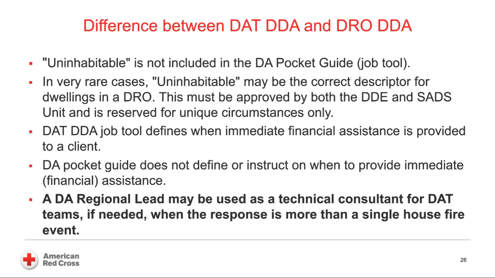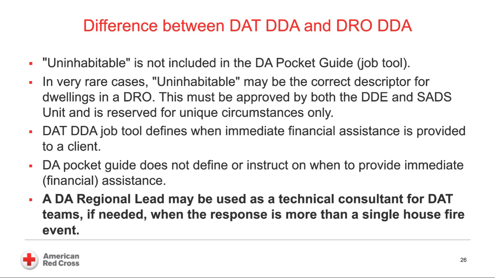The last one I'll be talking about is the difference between the DAT DDA and the DRO DDA. And of course, we have all the same acronyms, which makes it a little more difficult. But the big thing here is uninhabitable, which is not included in the DA pocket guide for a DRO's detailed disaster assessment.